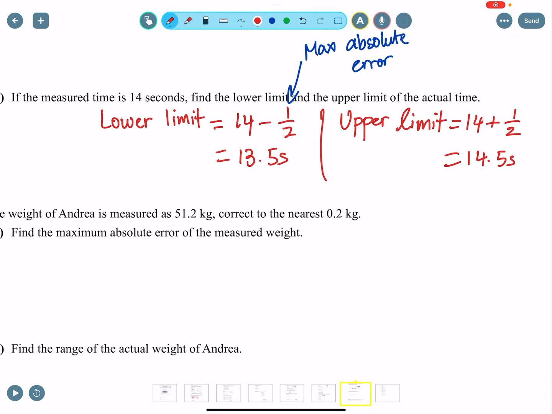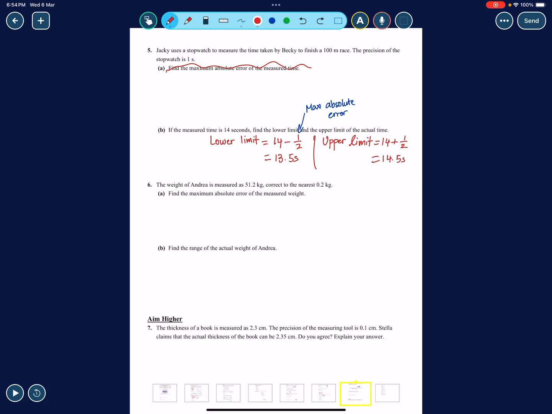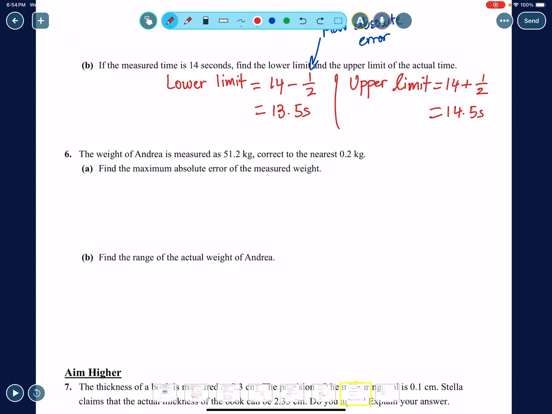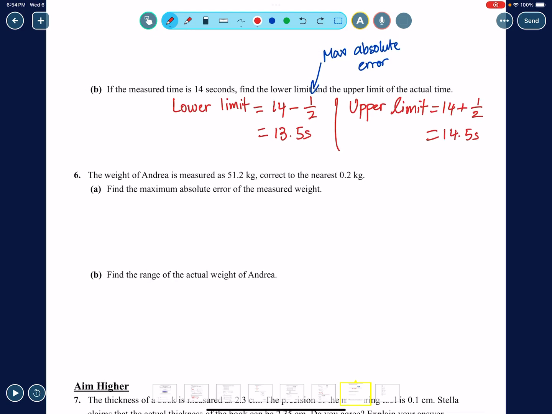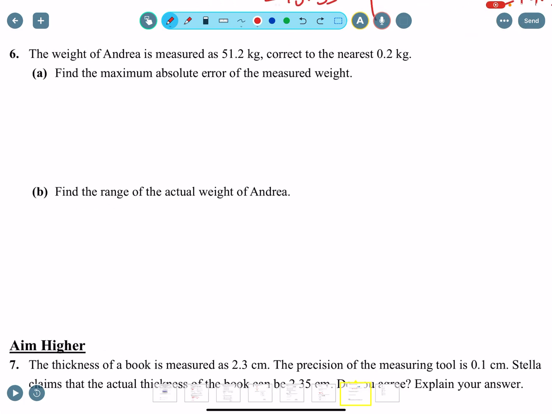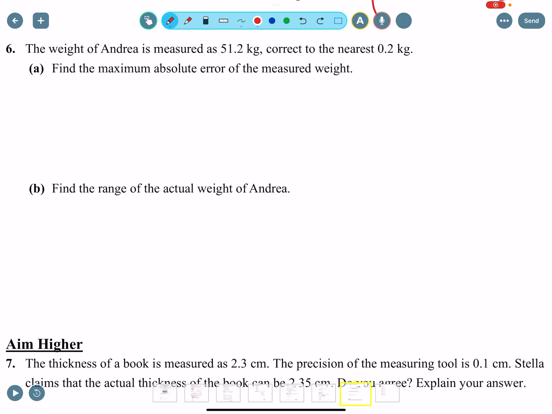Basically, the actual time is going to be between 13.5 seconds and 14.5 seconds. There is a range. Again, your measured value is not your exact time. We are not 100% accurate with our devices. Don't think our devices are 100% accurate. We try to be, but it cannot be perfect, even with the technology now.